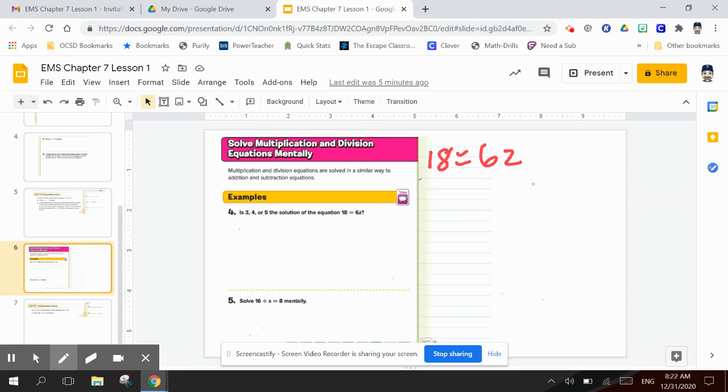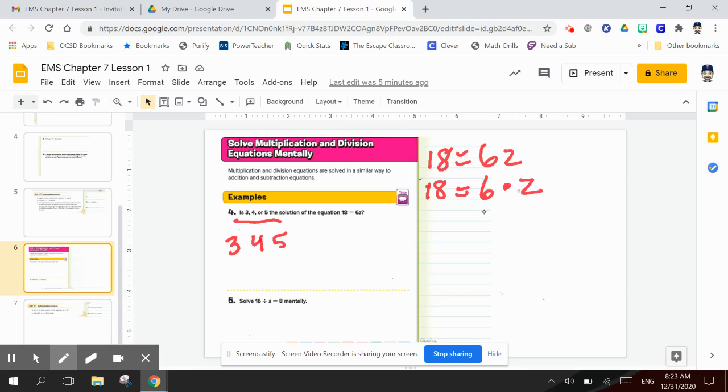We know from last chapter, in chapter 6, that anytime we have a number and a variable side by side, that simply means we multiply. 6 times some number equals 18. So again, we use those three numbers, 3, 4, and 5, to put in for our variable.